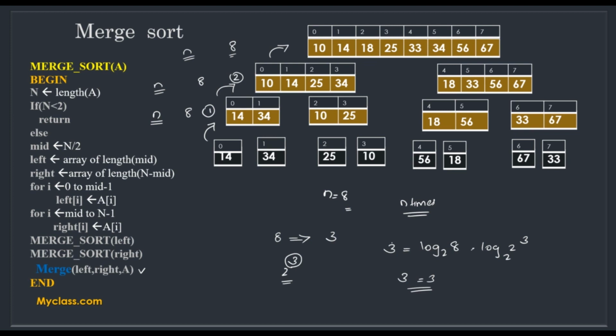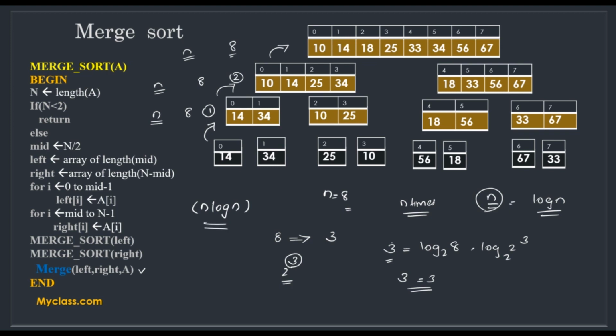So how can we find the number of levels in the merge sort? When n is the total number of elements, then there should be log n levels. So each level consumes n times. In each level n times is there and there are log n levels, so the time complexity of merge sort is n log n.